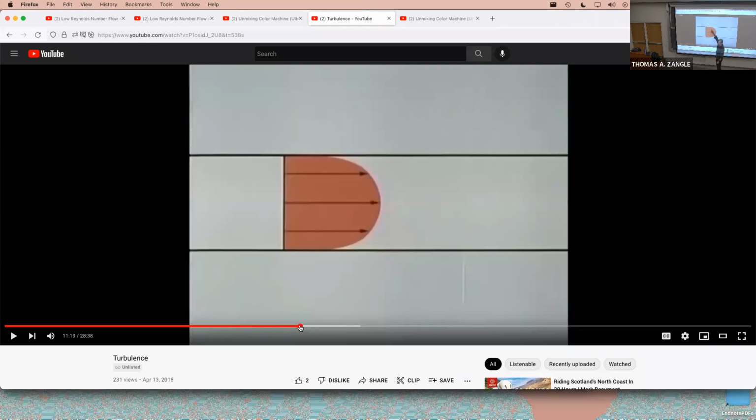This is the time average velocity profile, right? If we were looking at the instantaneous velocity profile, we would see all kinds of fluctuations. So this is U bar. We're not visualizing the fluctuations here, only the time average.